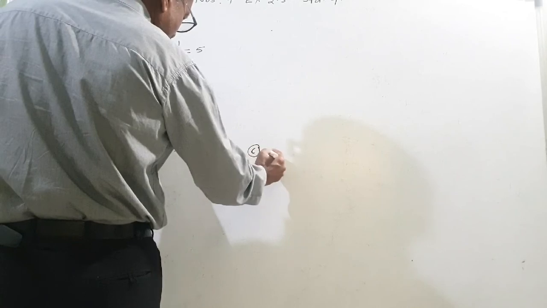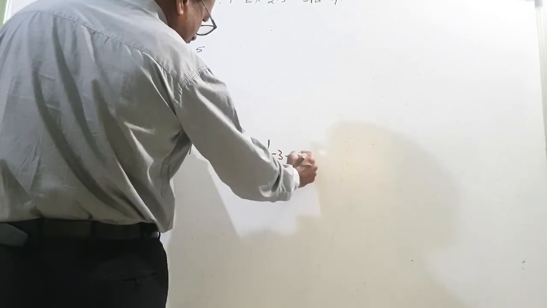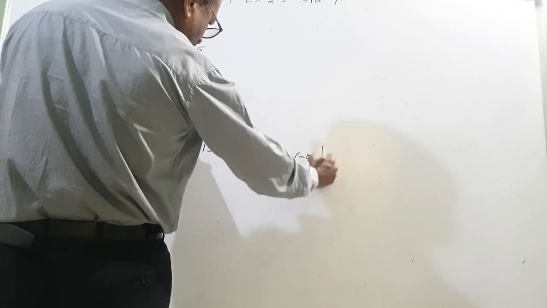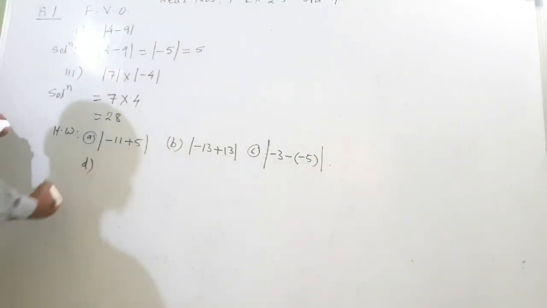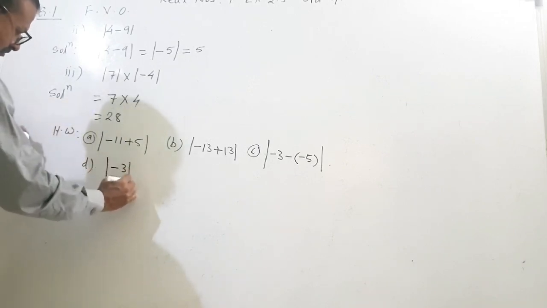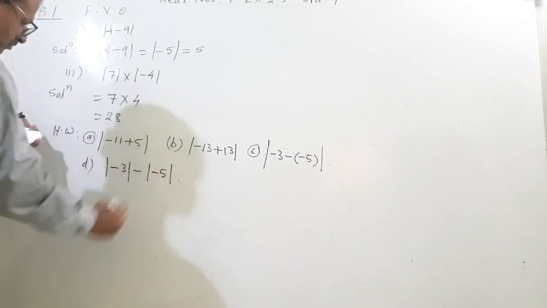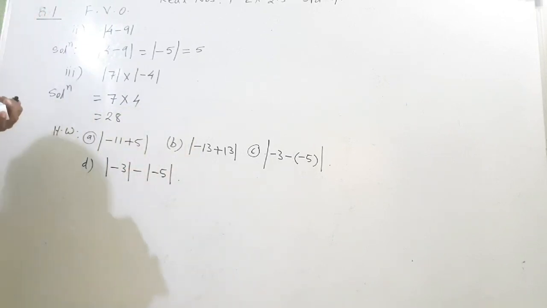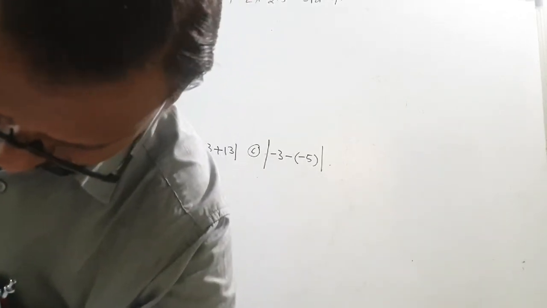C will be modulus of minus 3 minus 5. And D: modulus of minus 3 minus modulus of minus 5. This is the homework for you. You have to solve these examples depending on this.